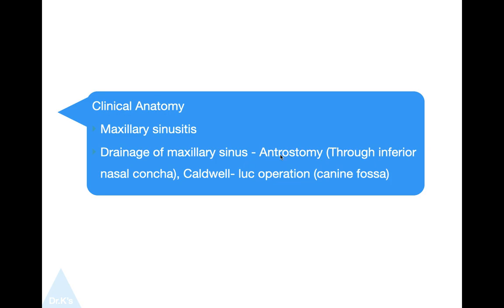So draining is done either through the inferior nasal meatus or through the canine fossa. I hope you remember I said the root of the canine tooth is just separated from the floor of the maxillary sinus by a thin mucous membrane, so it is easy to approach that way for draining the maxillary sinus.